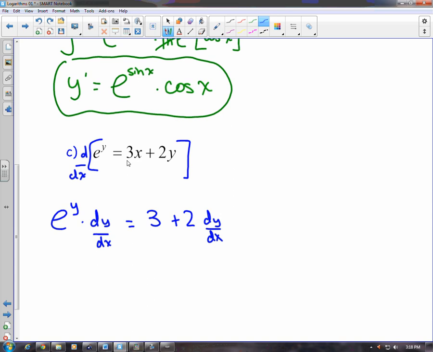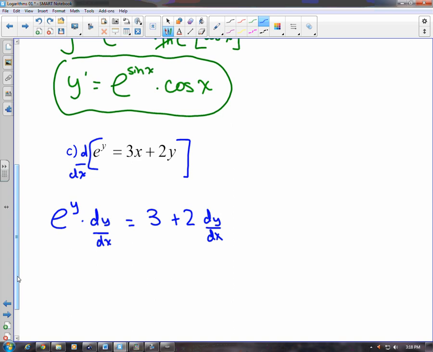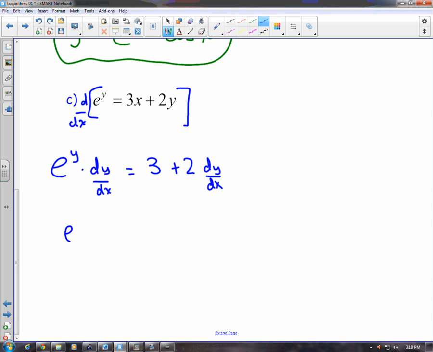So again, a couple different ways that you can do it. Personally, I'm going to move the dy dx's to the left-hand side because the 3 is already positive on that right-hand side. So e to the y dy dx minus 2 dy dx is equal to 3.